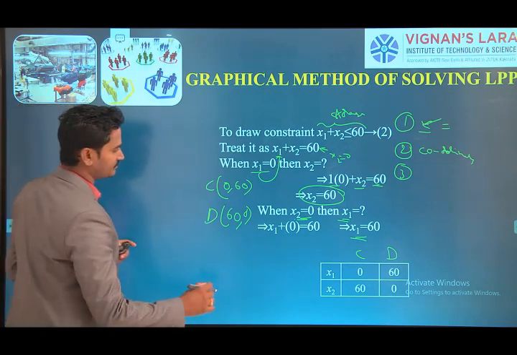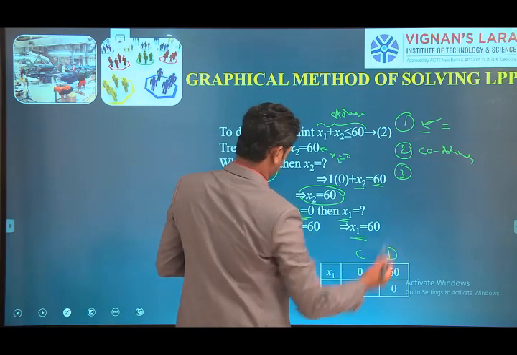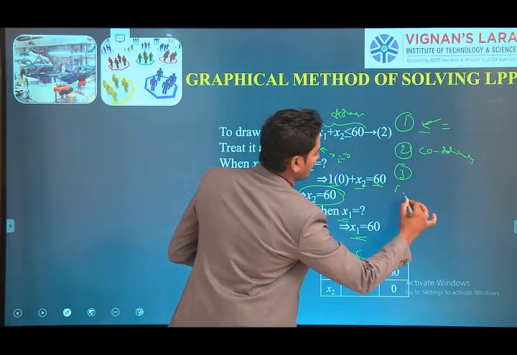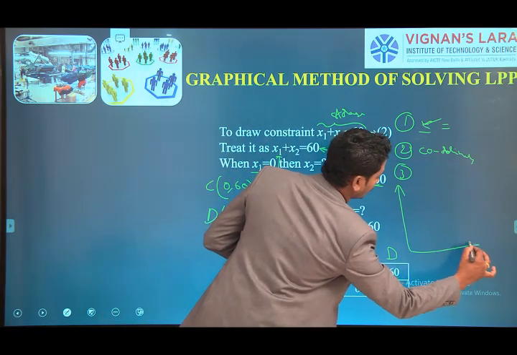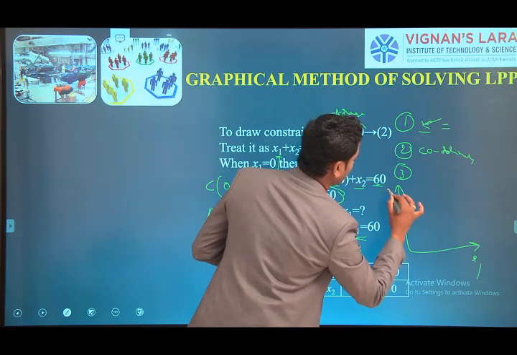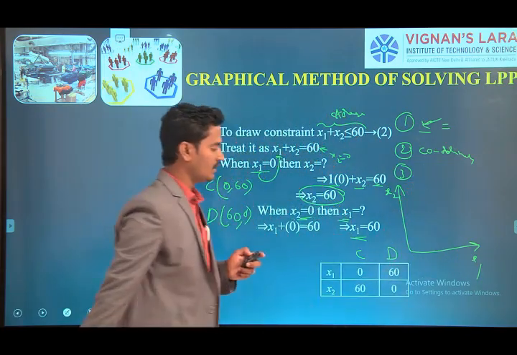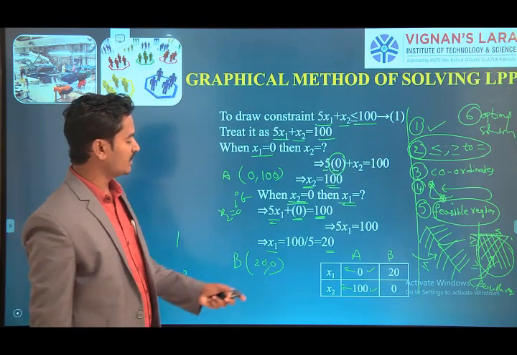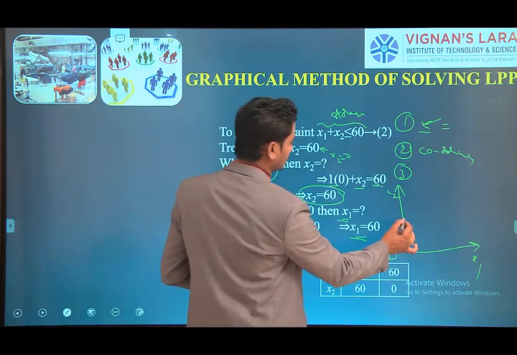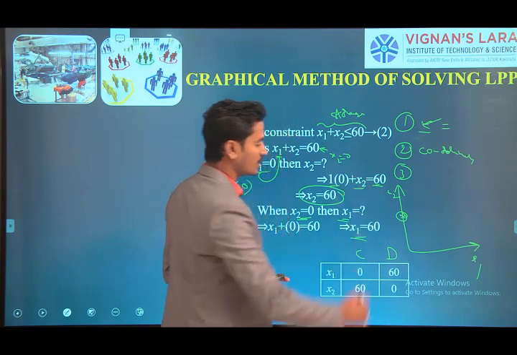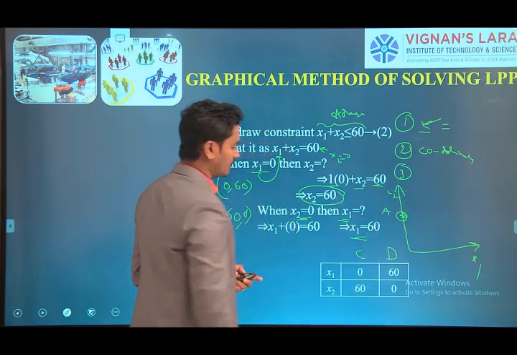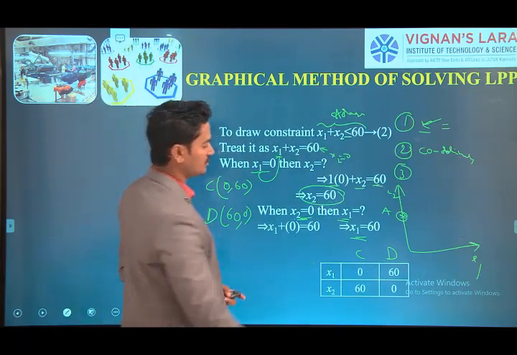Here first, on the x-axis we take the variable x1, and on the y-axis we take the variable x2. Okay, here we know the coordinates. First coordinate is 0, 100. Suppose we assume 0, 100 a point, then B point is 20, 0.